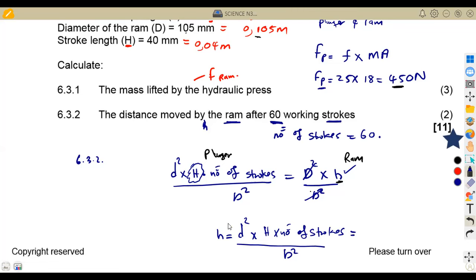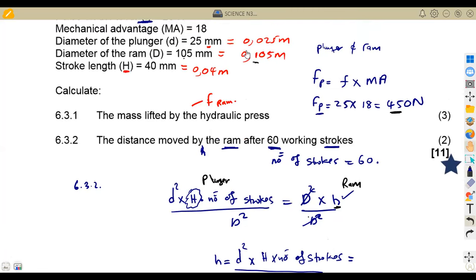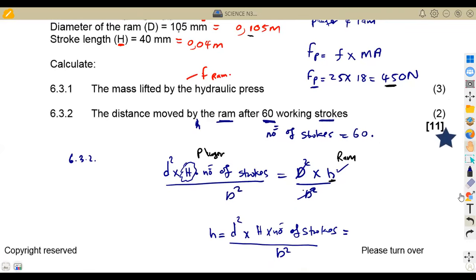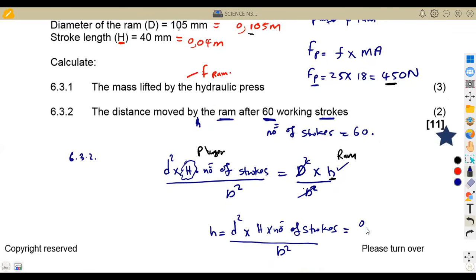So by this, we can substitute. Remember, d squared is on the plunger and the diameter on the plunger is 0.025. So we are going to have this as 0.025 squared times h, which is our stroke length. So what is important is that this represents the stroke length.